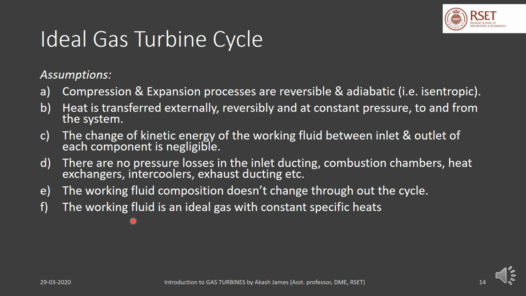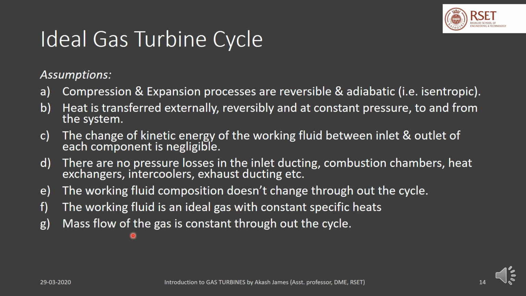Similarly, we assume that the working fluid is an ideal gas and the specific heats remain constant throughout the cycle. Now, we know that the specific heat will increase with increase in temperature, but for simplicity of analysis, we assume that the specific heat remains constant.